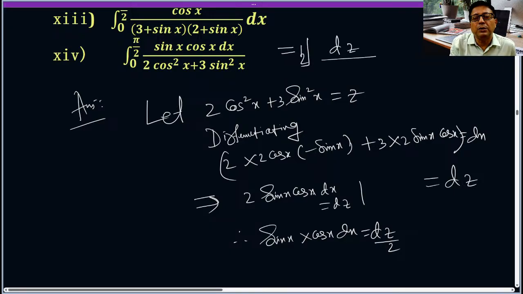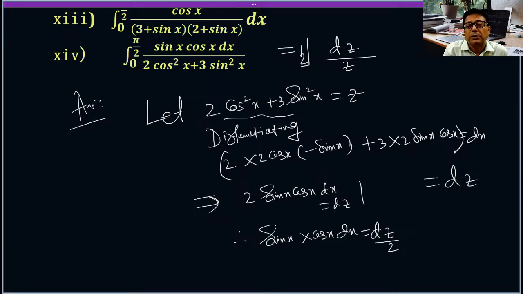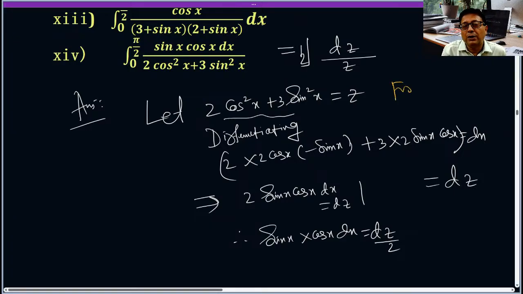dz by 2 and this one z. But the problem is limit. Limit I did not change. If the variable changes, limit has to be changed. How to? Just put it there. For x equal to 0, z equal to 2.